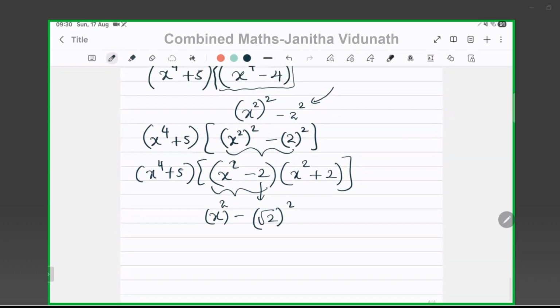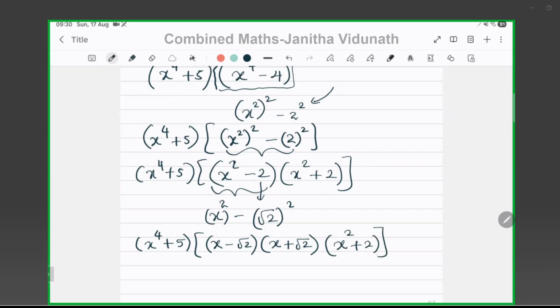Then we can factorize this further as x to the power 4 plus 5 times x minus root 2 times x plus root 2 times x square plus 2. This is the final answer for that question.